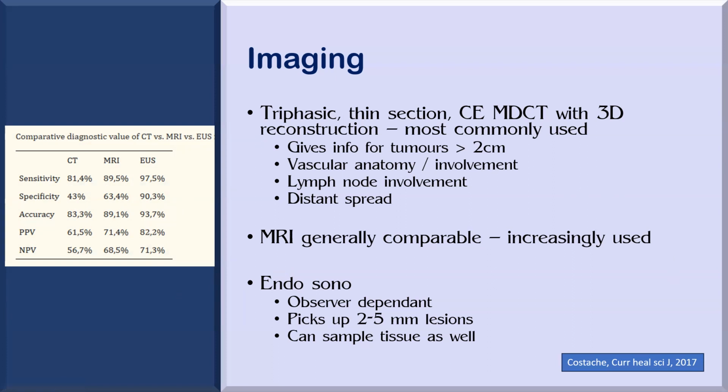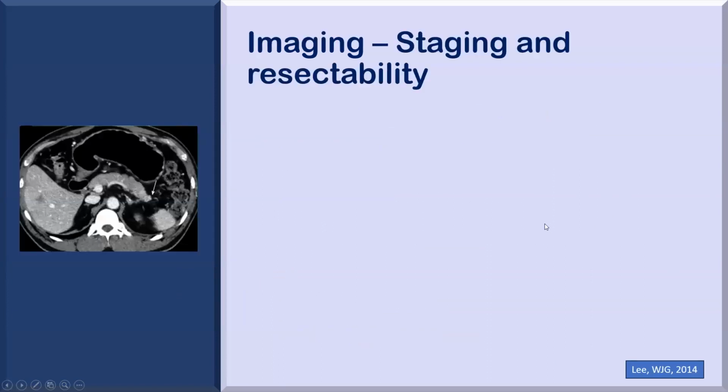I spent this much time on imaging basically because this is very crucial before we take a decision to operate. We mentioned that this is important for staging and resectability. So what are we looking at? First, the location of the tumor or mass, and the extension, from where to where it is extending.